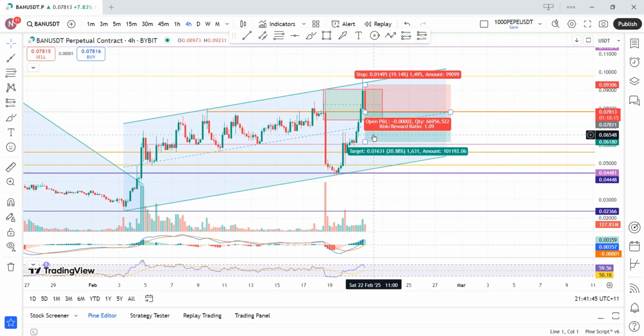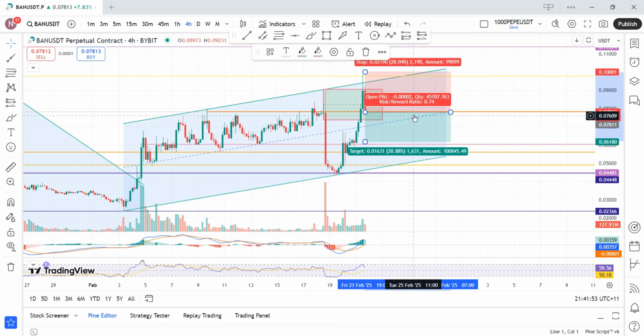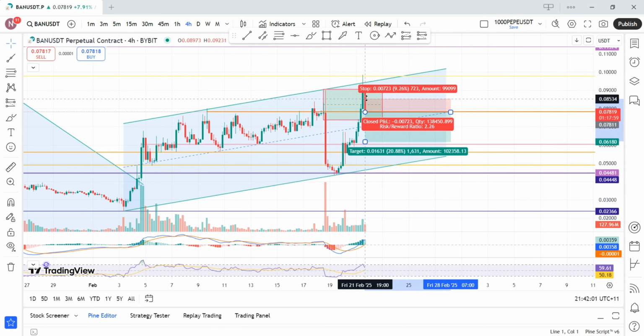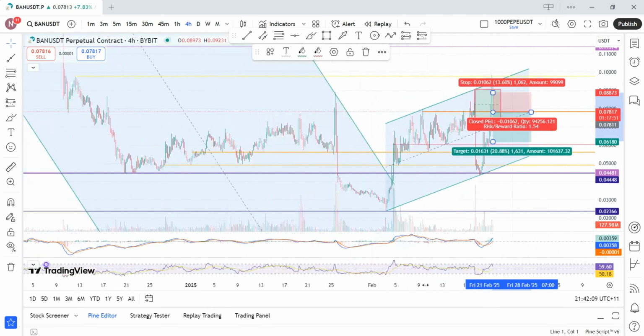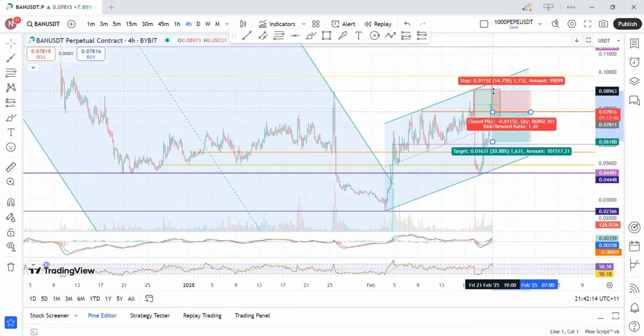Usually I would put my stop loss a bit above the highest candle, but in this case I would be risking more money than I would profit, so that's a no-go for me. I would set it... I just set it here.